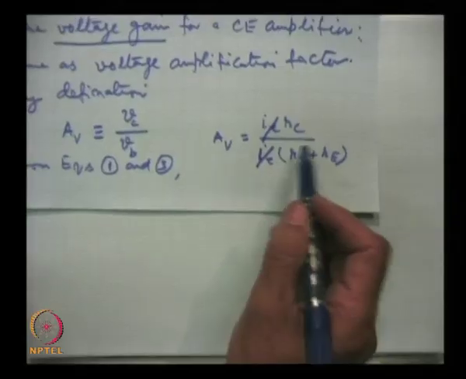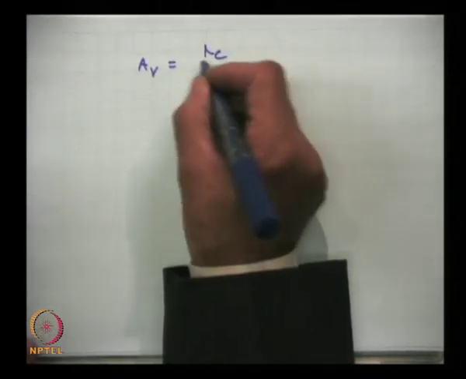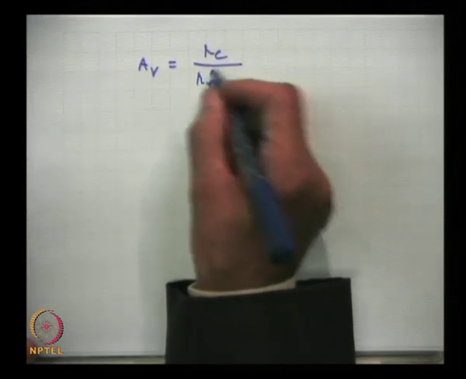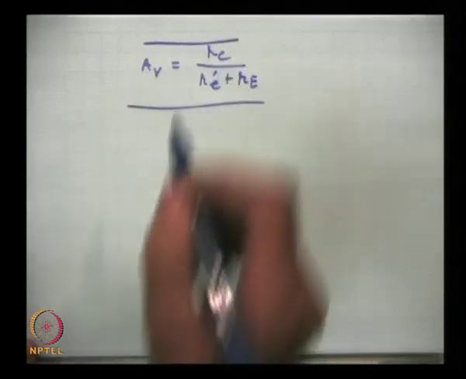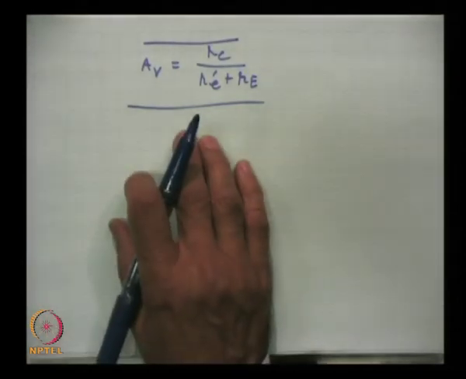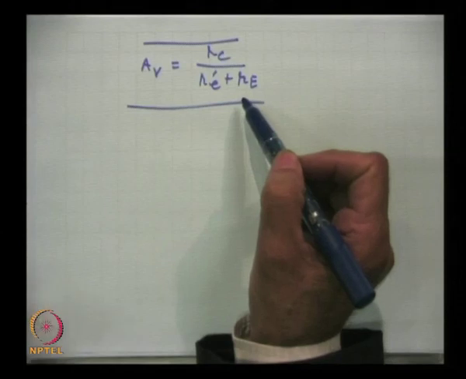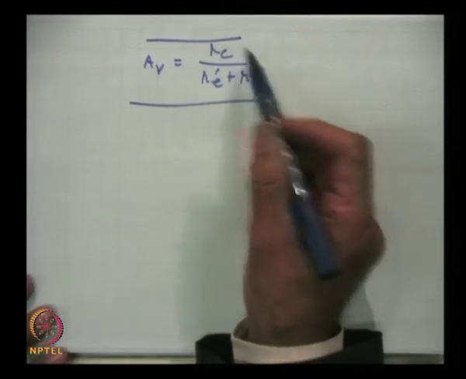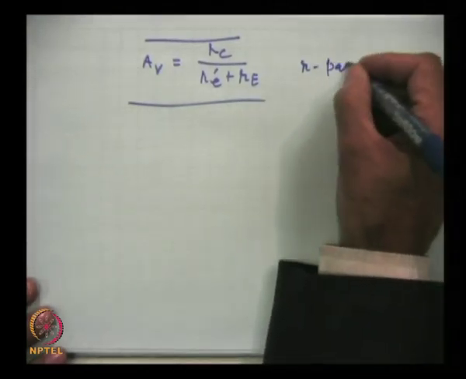So, this simple expression for the voltage gain is Rc over Re prime plus Re, this is very important. This is the expression for the voltage gain. Now, look at the simplicity of this expression. These are all resistances. The expression contains the resistances only, and that is why it is called R parameter analysis.